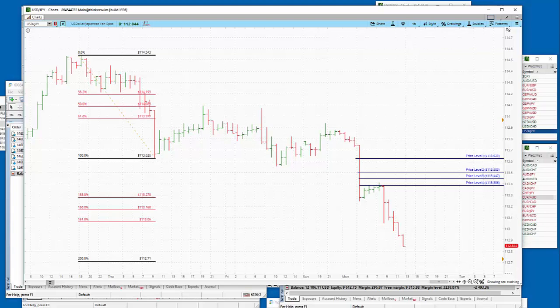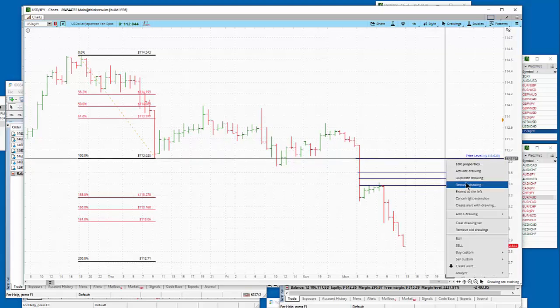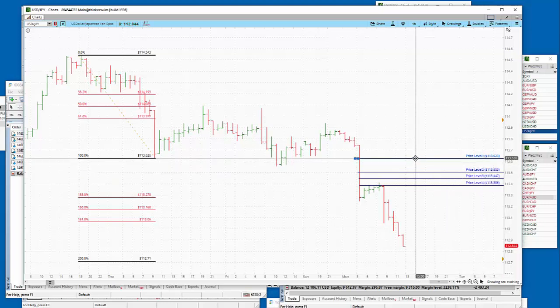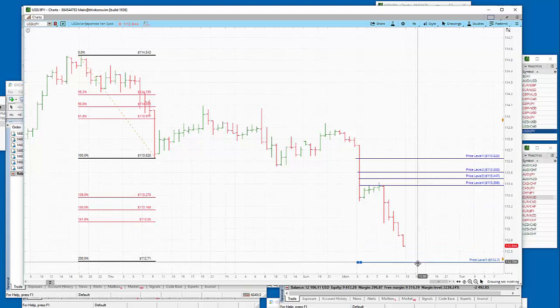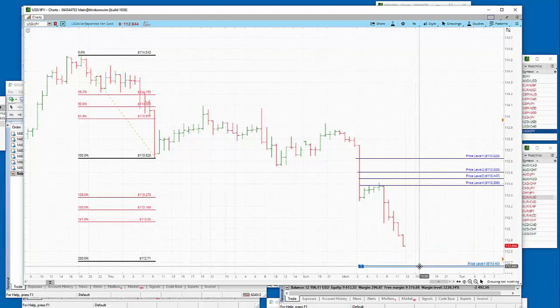So in fact, let's go and put some lines on where these trades would hedge. What we'll do is duplicate this drawing right here, and it's at 113.623, so we'll pull this one down to 112.623, right?